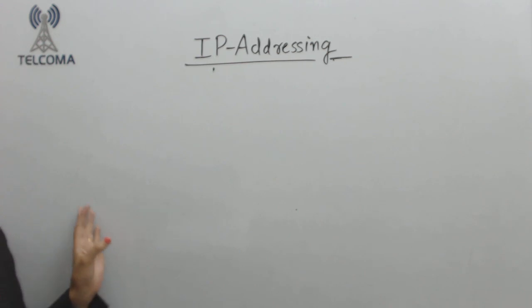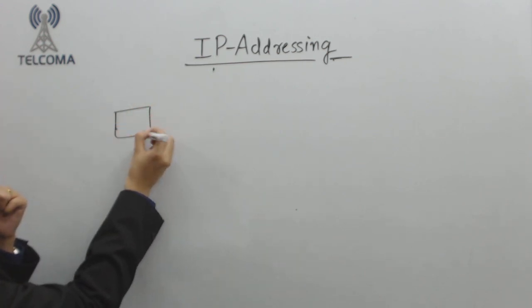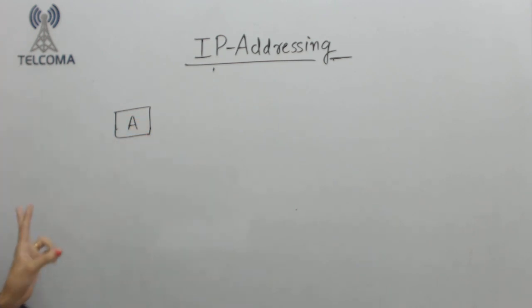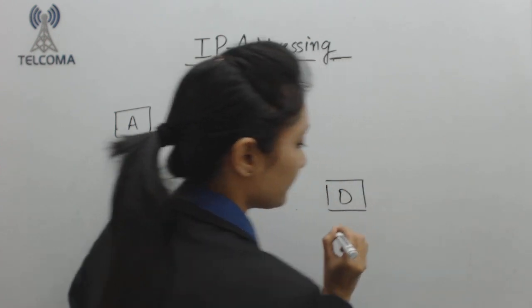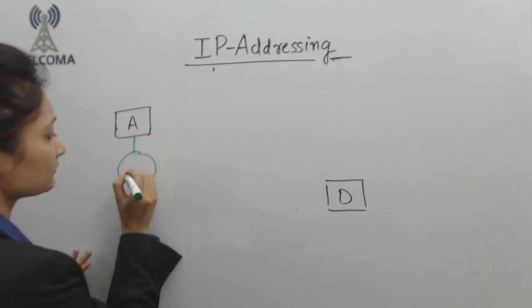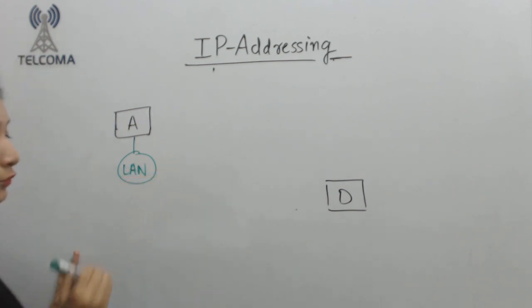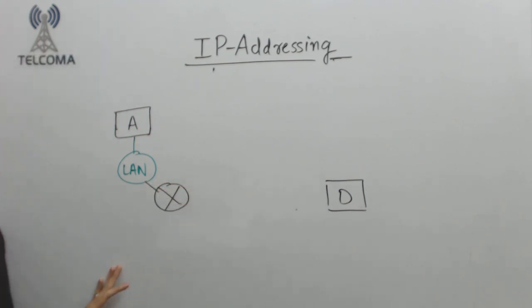Now, for example, if we have a number of devices. This is device A here and it wants to transmit the data to some other device D. Now, these devices here can be in some other networks. That means they are not in the same link. Now, for example, if this is one local area network, it has its own interface here.